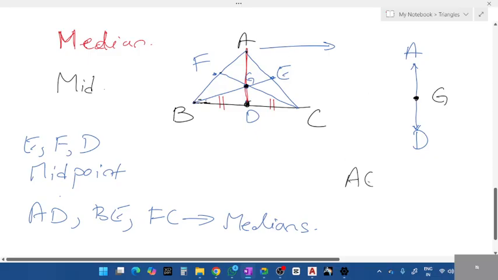So the ratio between AG is to GD. This will be 2 is to 1. The ratio is 2 is to 1. So AG divided by GD is equals to 2 divided by 1.